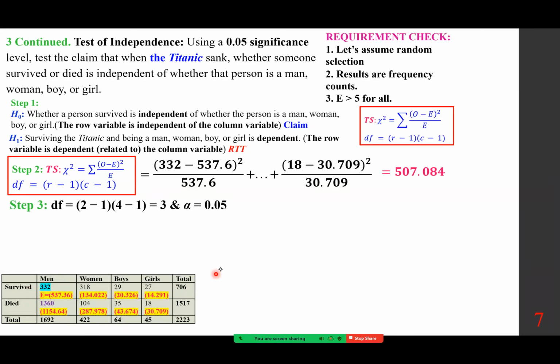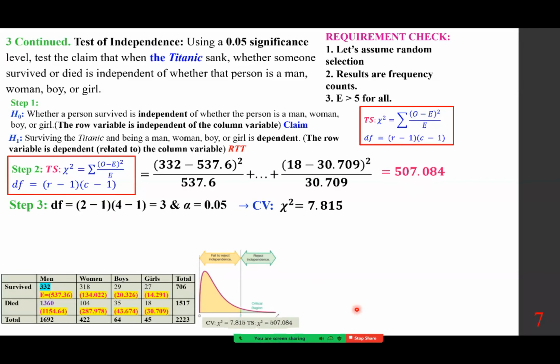Those are not part of the rows and columns that we calculate here. 2 minus 1 times 4 minus 1 is 3, and we get 7.815. Just by the sheer value of the test statistic, which is way into the rejection region, you're going to reject H0, and the rest of it works, obviously. So you are going to reject H0.